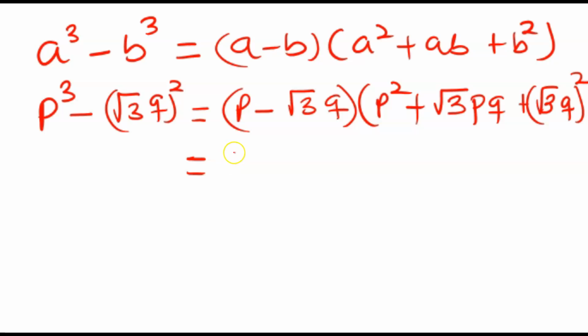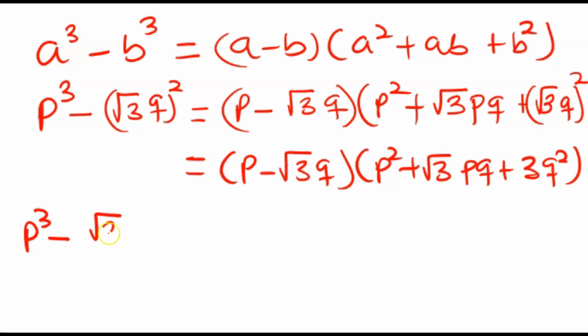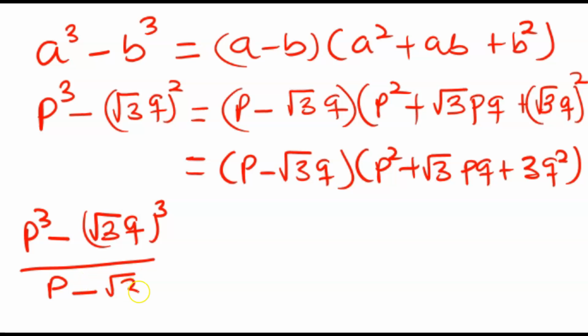So this is the same as (p minus √3) times (p² plus √3p plus 3).